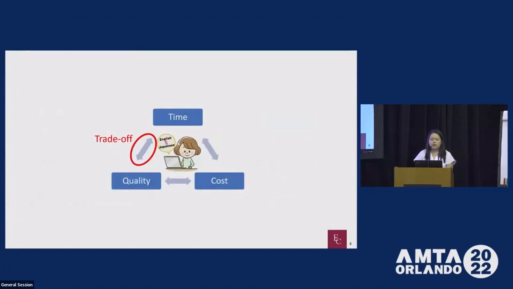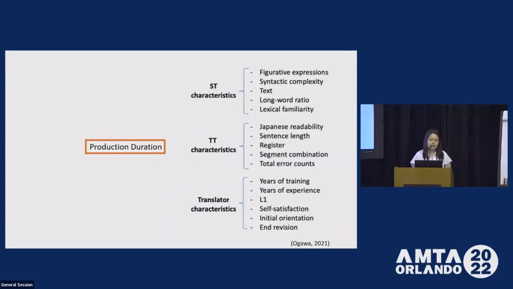So most of the research up to 2014 suggests that the relationship between time and quality is often a trade-off. Professional translators may intuitively agree with this statement, but is it always the case? Previously, I examined whether production duration, which was defined by the typing duration, was influenced by ST, TT, and translator characteristics.